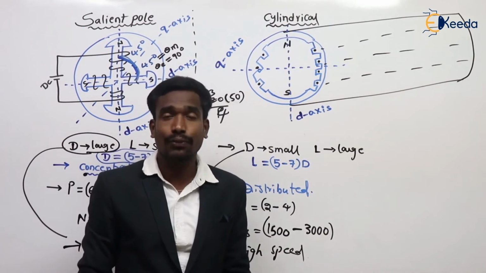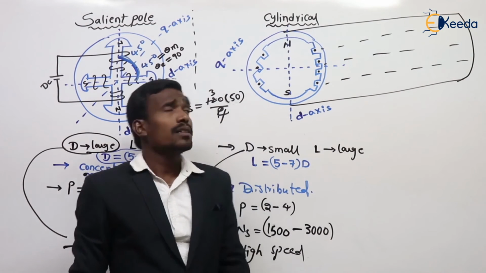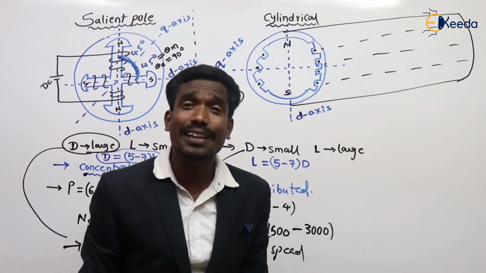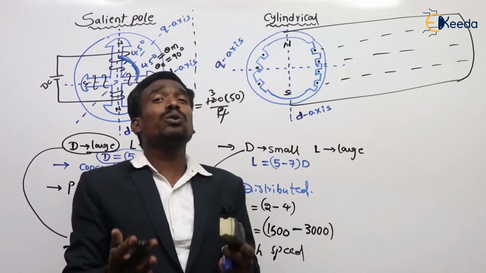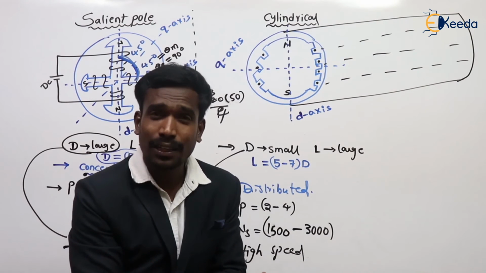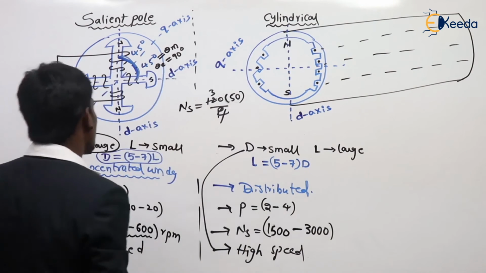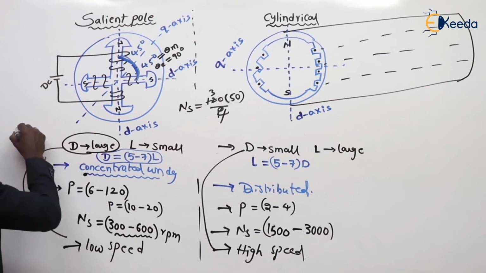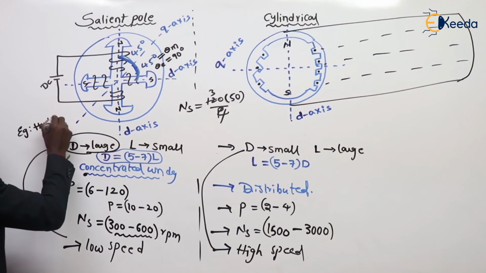Finally, where are we using the salient pole alternators? Tell me. The salient pole alternators are used for low speed applications, for example, hydro power plants.